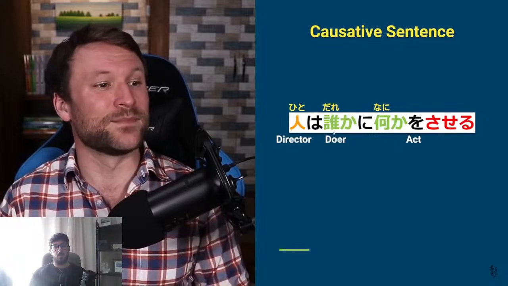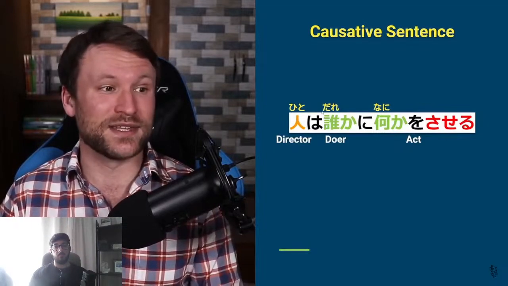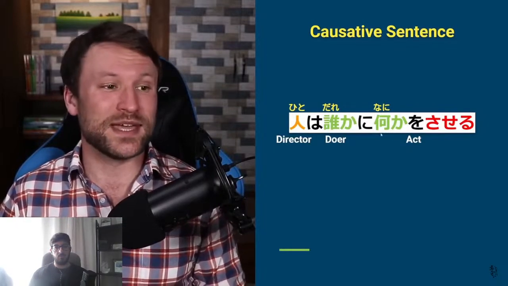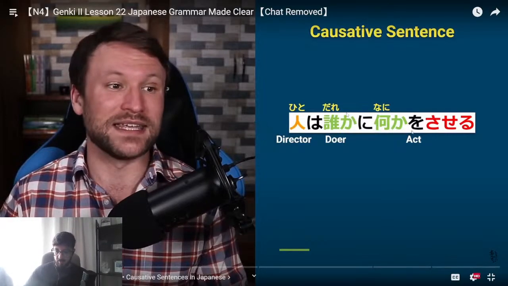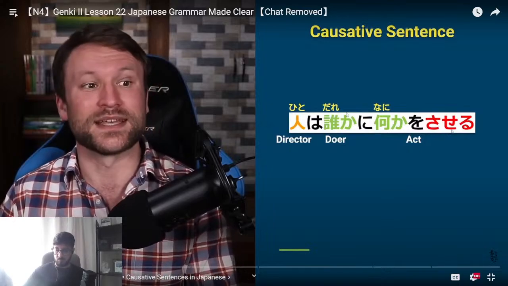So this is the person who has to do the action. This is the dareka, the person who has to do the action, and then the thing that they have to do. So this is the act. It's the same as the passive that we did yesterday. Exactly the same. 人は何かに何かをされる. 人は誰かに何かをさせる. Right?